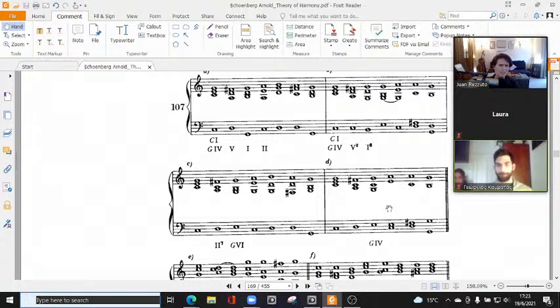And then second in first inversion, and then secondary dominant, but that secondary dominant goes to the 5th, and when you get to this point, you say, now I get why he used this secondary dominant to the first in 6.